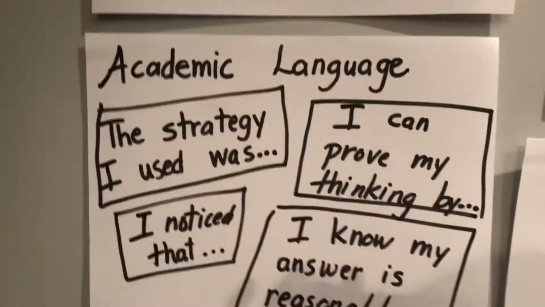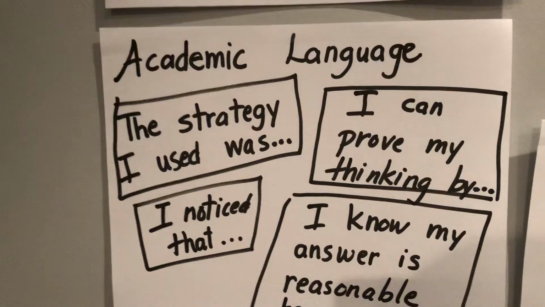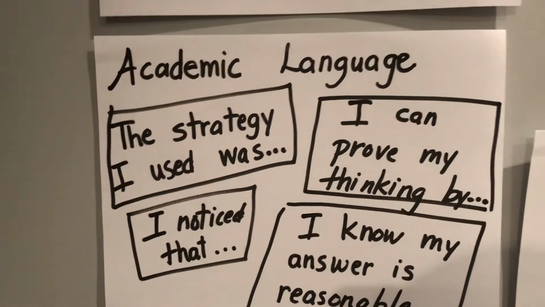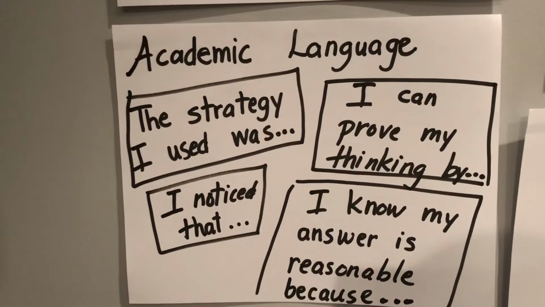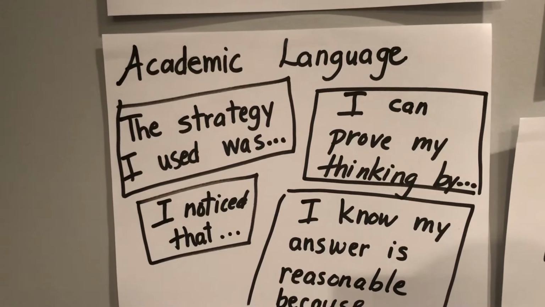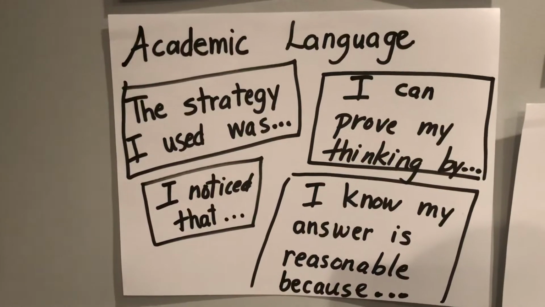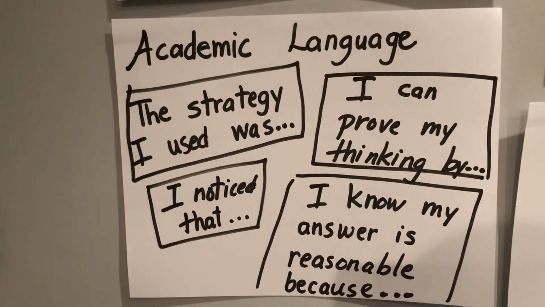Now, you might be saying, I forgot, what is academic language? Well, academic language is language that makes you sound very intellectual because you are super smart, boys and girls. So you want to sound it as well. Examples of academic language are: the strategy I used was, I noticed that, I can prove my thinking by, I know my answer is reasonable because.